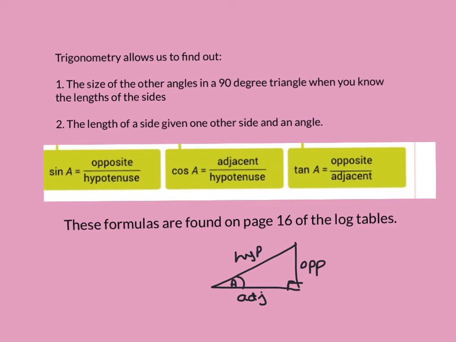So if I have the same triangle, I'm just going to duplicate that and move it over here. If I have the same triangle and I'm now going to look at angle B, so this angle in the opposite corner.